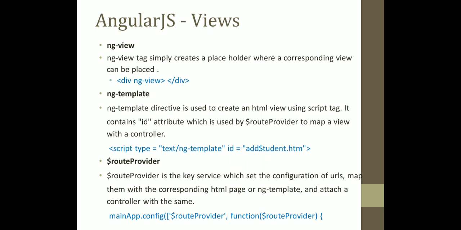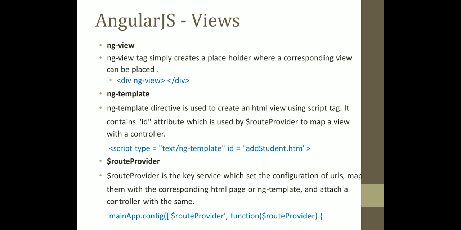And third is $routeProvider. The concept of this id will be cleared with the example that we are going to see. Before that, we will continue with this $routeProvider. The $routeProvider is a key service which sets the configuration of URLs and maps them with the corresponding HTML page or ngTemplate, and attaches a controller with the same. So how to attach this controller is like your use of controller.